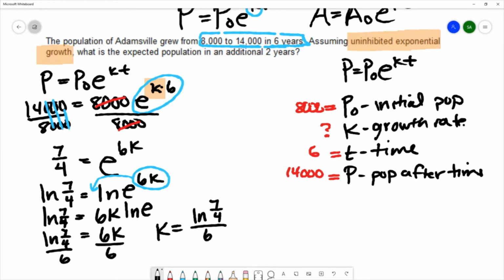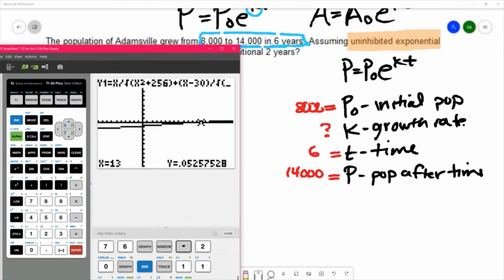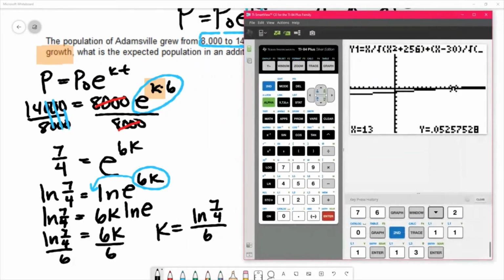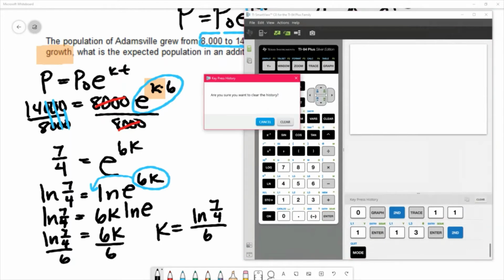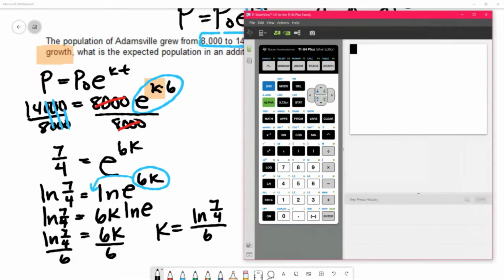I'm going to type this into my calculator to get a decimal approximation. However, I'm probably not going to use that decimal approximation because with these problems, sometimes rounding too early can cause your answer to be wrong later. You want to save your rounding to the end of the problem if you can.